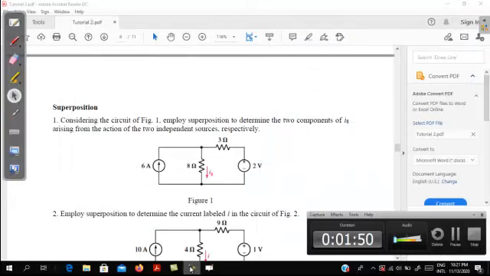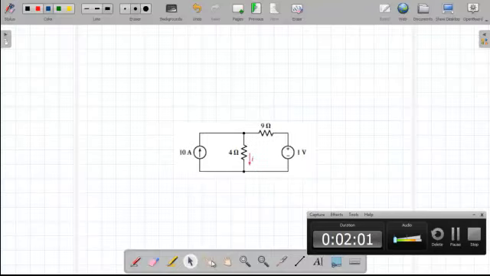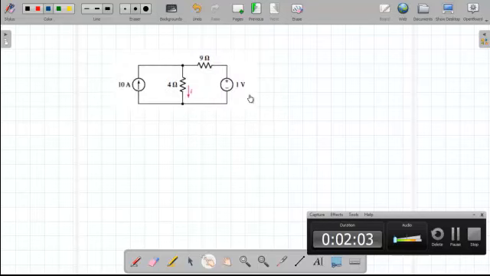The second problem, we need to find I using superposition. It's straightforward, exactly the same as the first one. We have two sources, so I will just write the final answer. I will equal 7 amp.